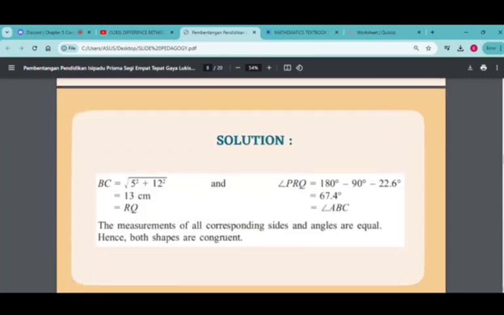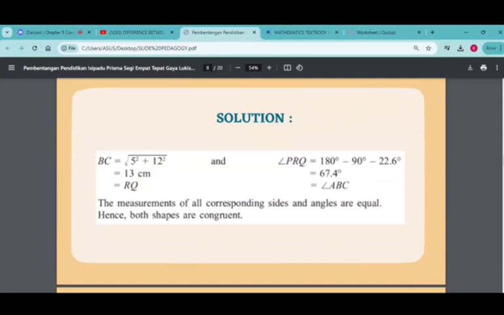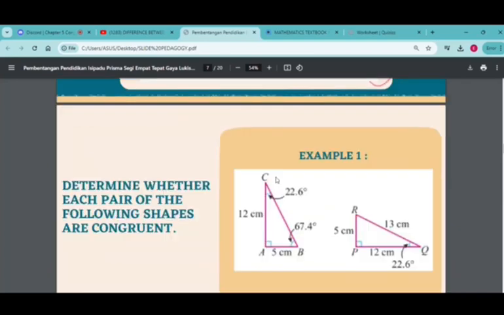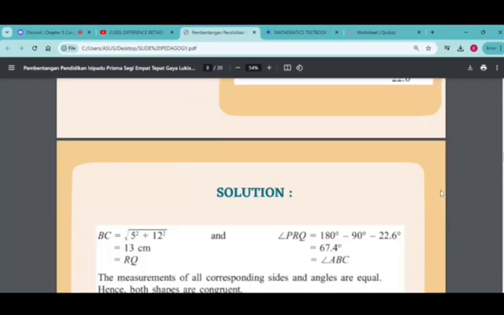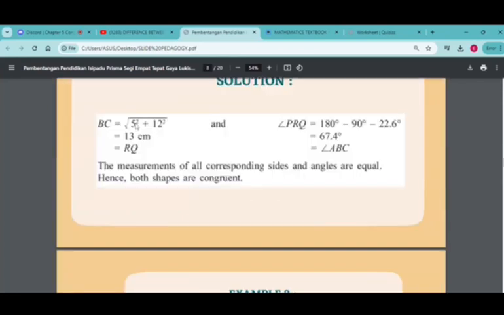Okay, this is the solution of example 1. BC, this side, square root of 5 squared plus 12 squared, then square root is 13 cm. BC equal to RQ.